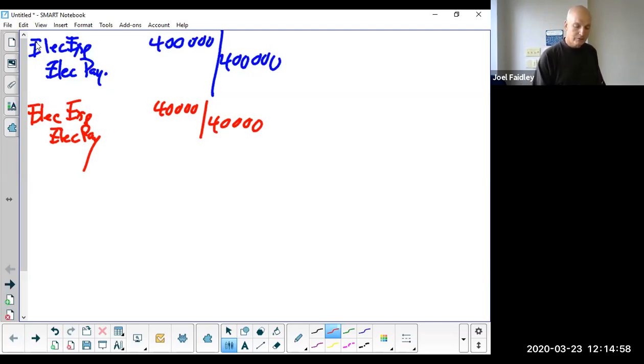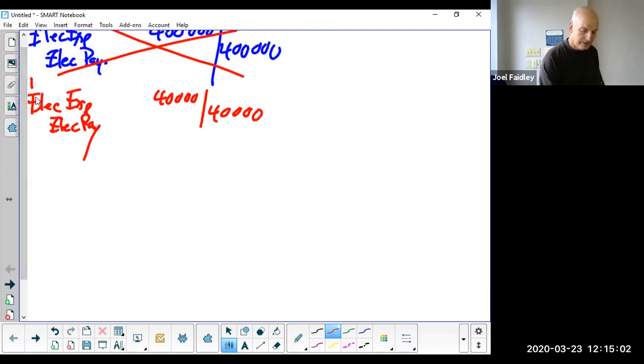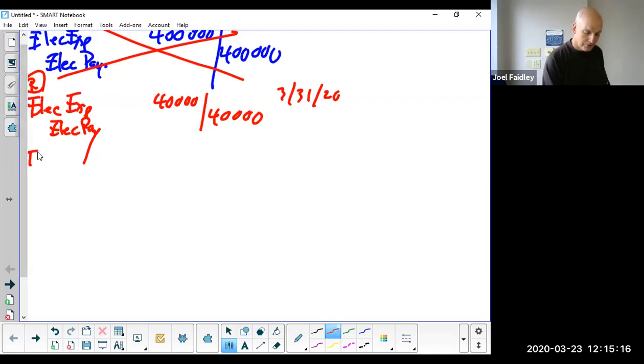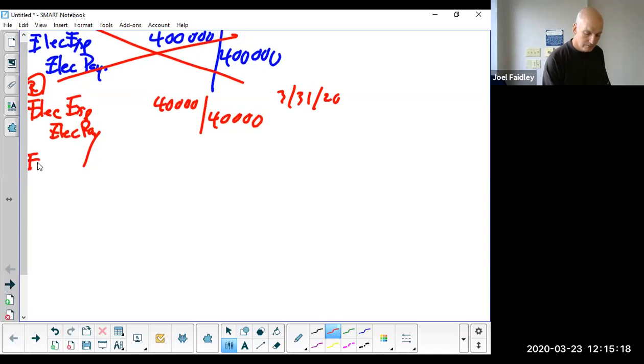All right, it's an accrual. Most of the time when you put accruals in like this, you're going to put them in with a designation of being an R. What's an R? That's a reversing entry. So if this entry is going in on 3/31 of 2020, any good software is going to reverse this entry for you the first day of the next month, which is 4/1 of 20.